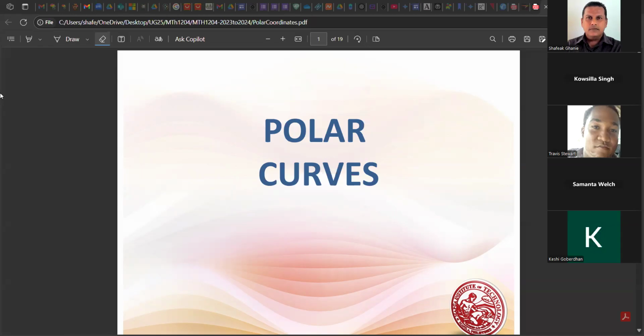There are a lot of gaps as to how these things really happen. But mathematicians found a new way of describing, first of all, a point in a plane, and then to describe curves, they found this new way to do it, which we'll refer to as polar.